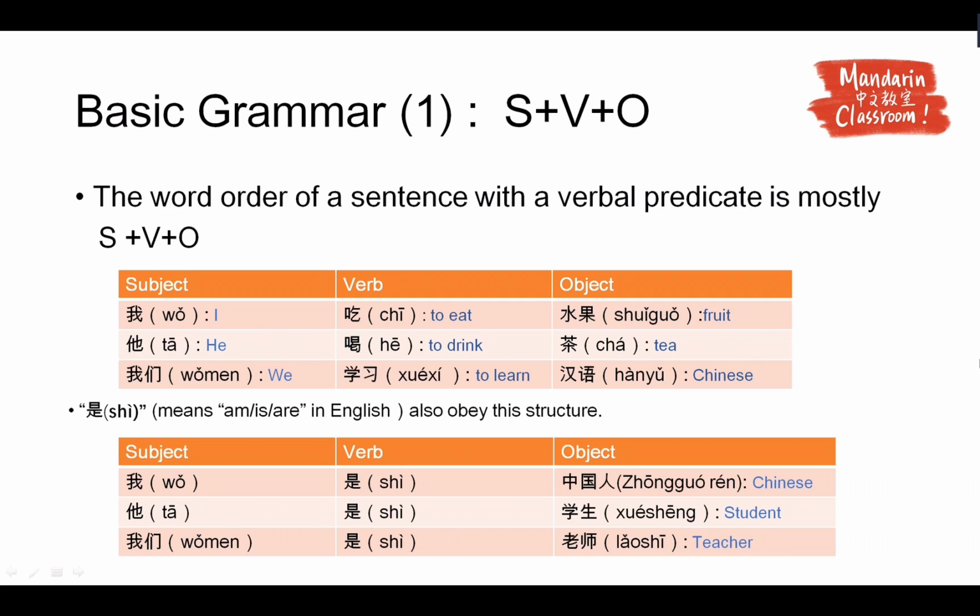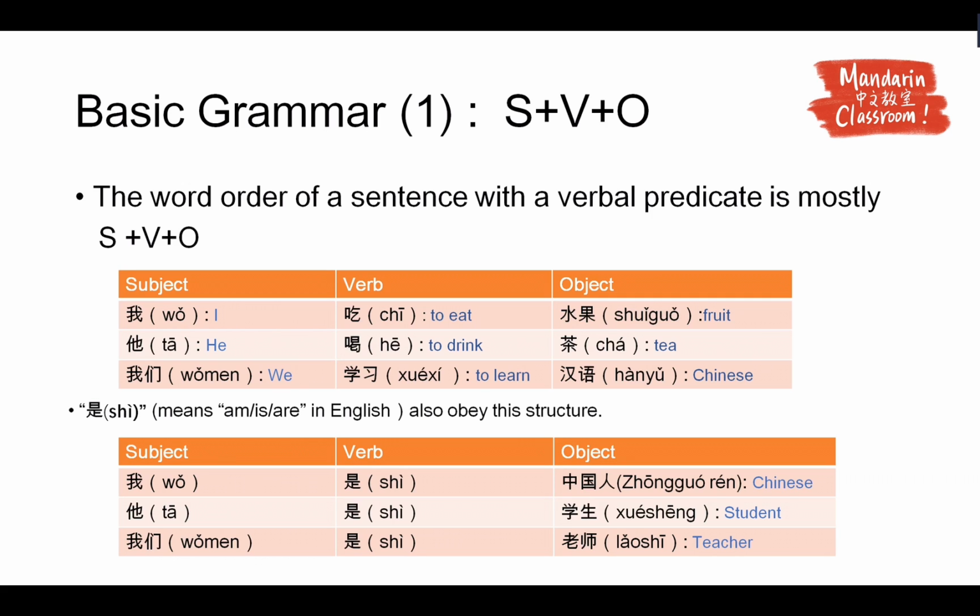And let's see a very special verb, 是. It means am, is, or are in English. In English, you have to change it according to the personal pronoun. But in Chinese, it's only one word, 是, to mean all of them. So, let's see the first line of the form. 我是中国人 means I am Chinese.